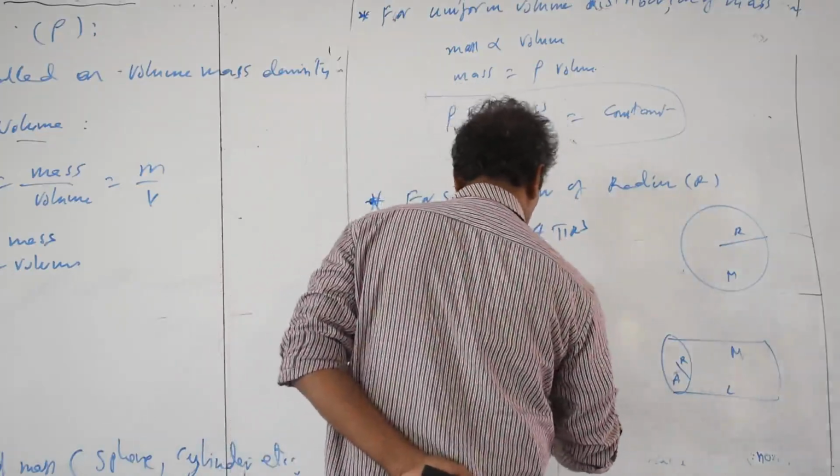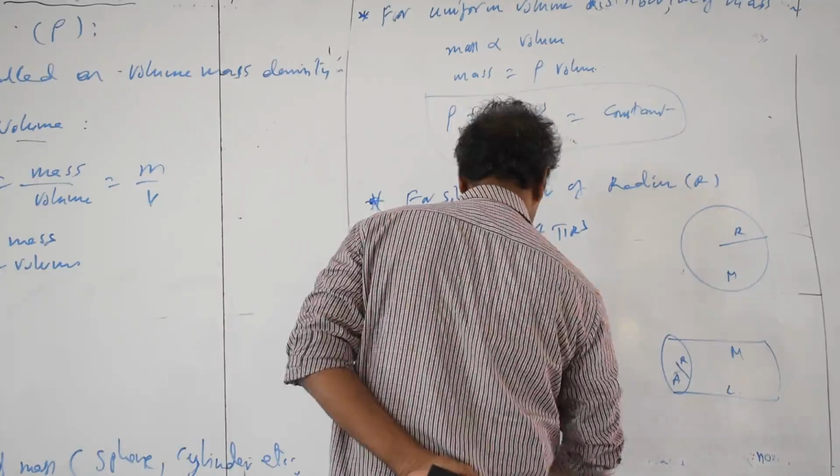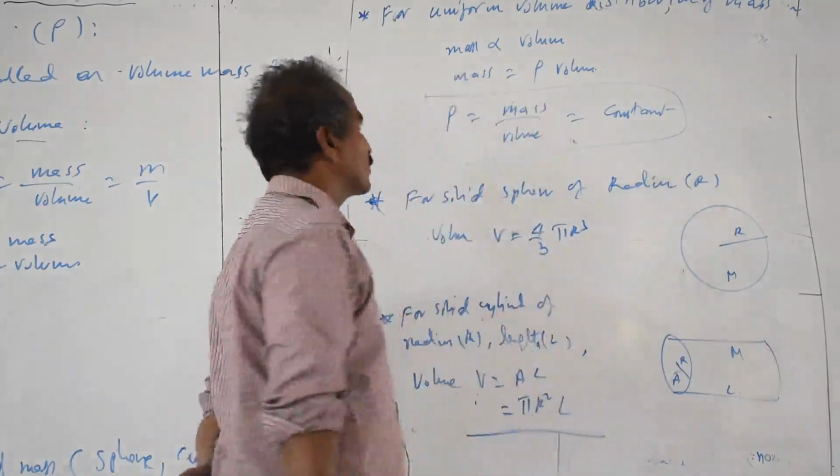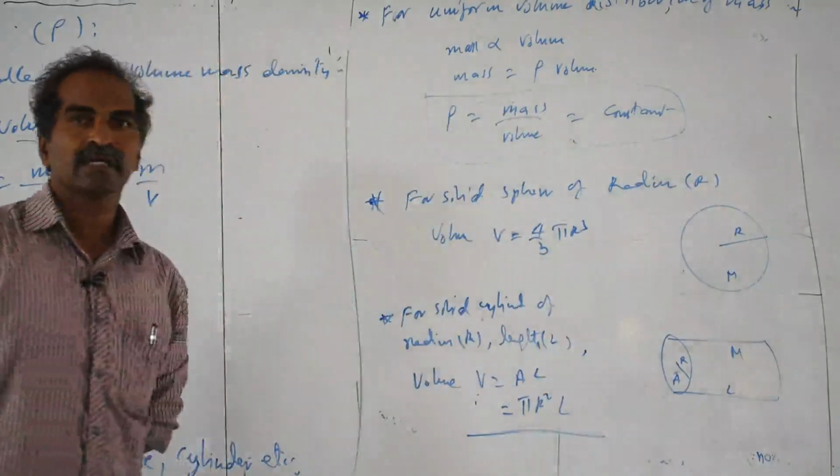Area is nothing but pi r square, so V is pi r square into L. For the given volume, if mass is given, you must be able to calculate the densities.